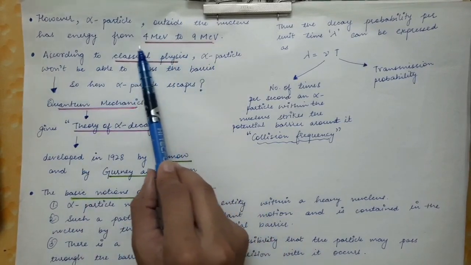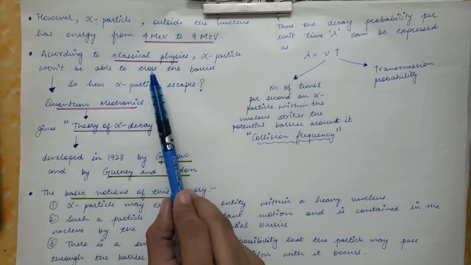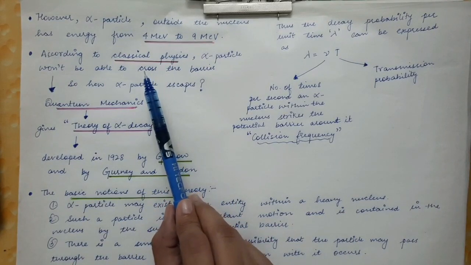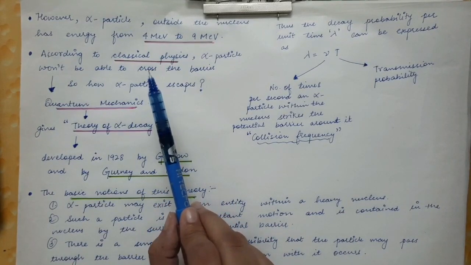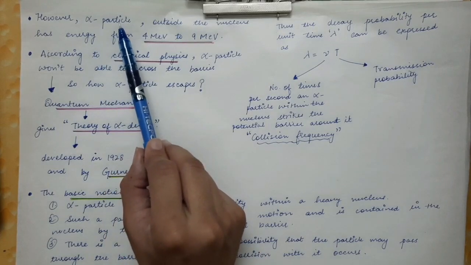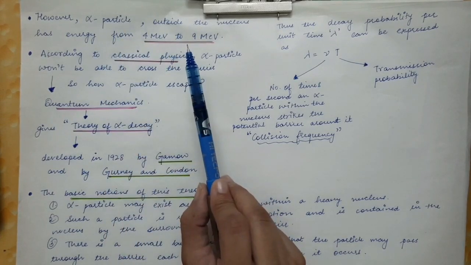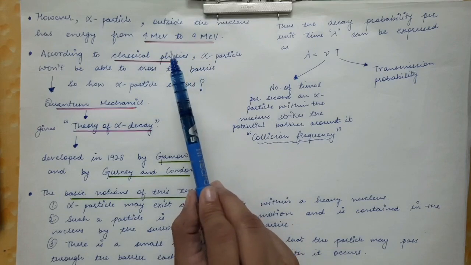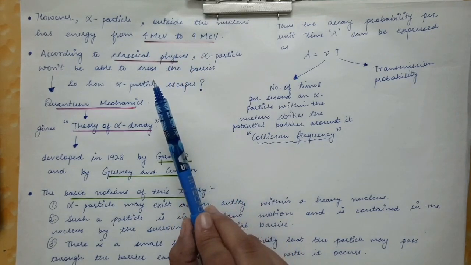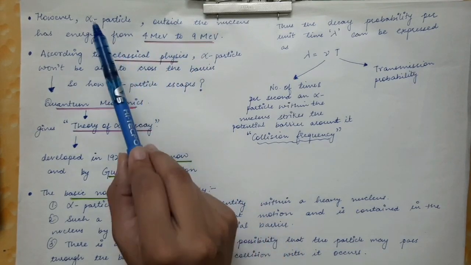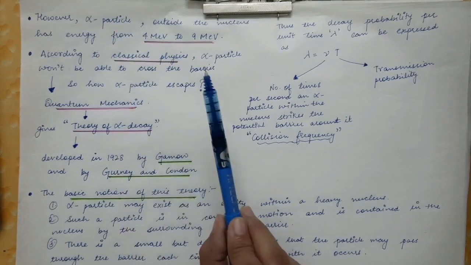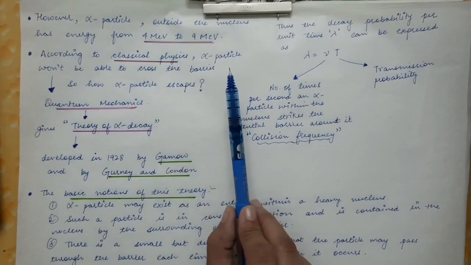So classical physics was not able to explain why the alpha particle is emitted from the nucleus, because we know it is emitted and we detect alpha particles. It means it is possible for the alpha particle to get ejected out of a nucleus.